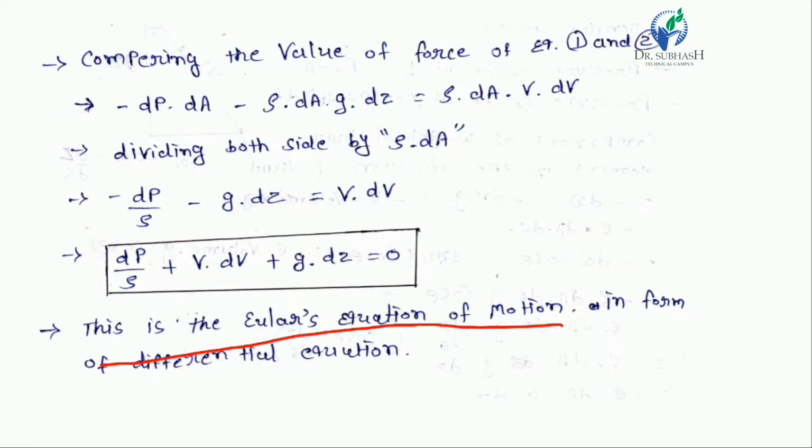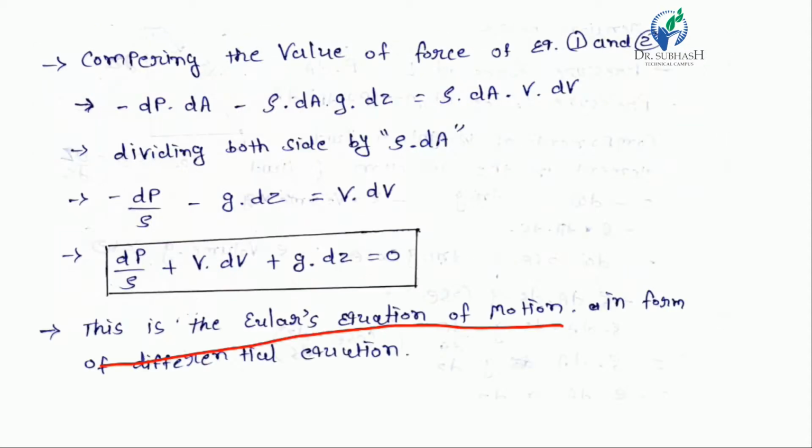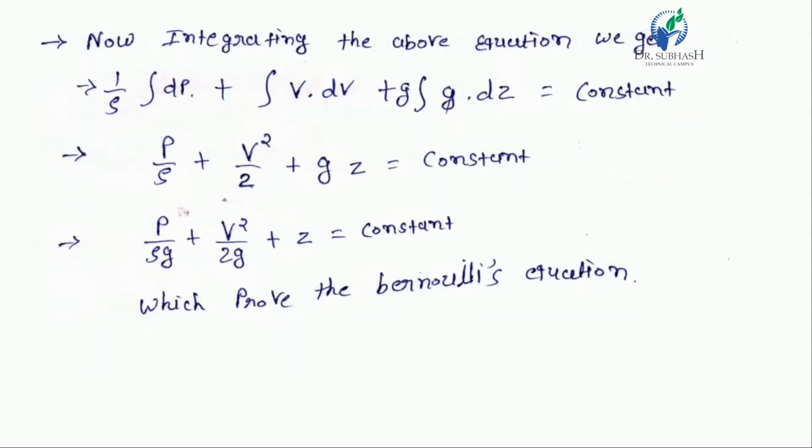Now this equation is integrated and we can get the Bernoulli equation. Rho is constant, so we integrate only dp. Then integration of v dv, and g is constant, so only integration of dz, equal to integration of 0, which is a constant.